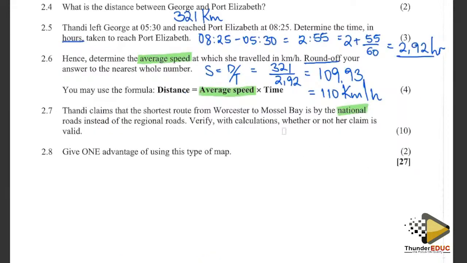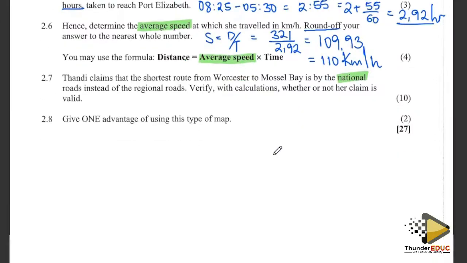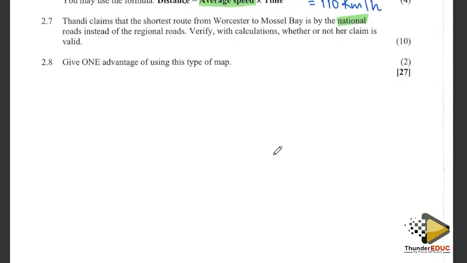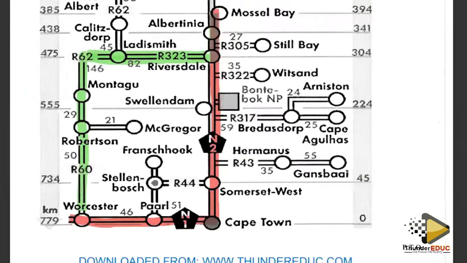Let's continue. We're going to compare distances. First and foremost, I must start with the national road. 2.7. When you use the national road, which stations are you going to use? It's on N1. We start at this place here.